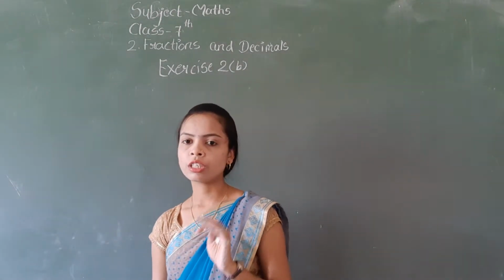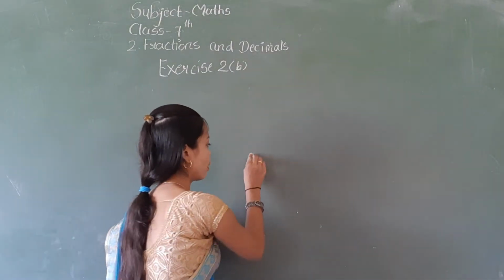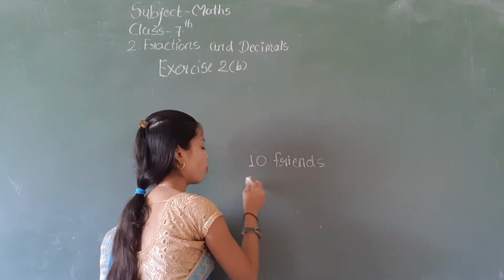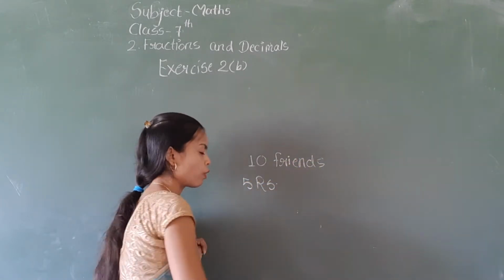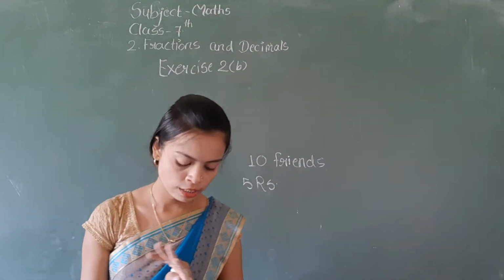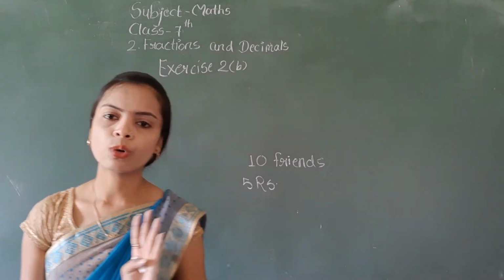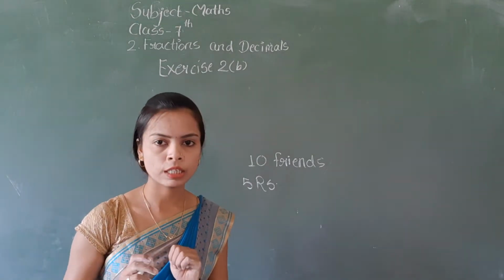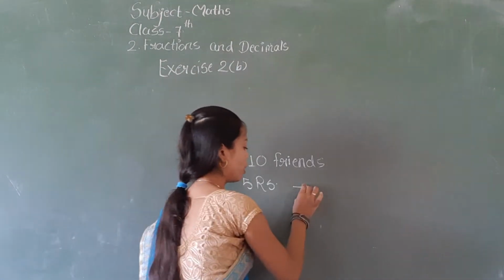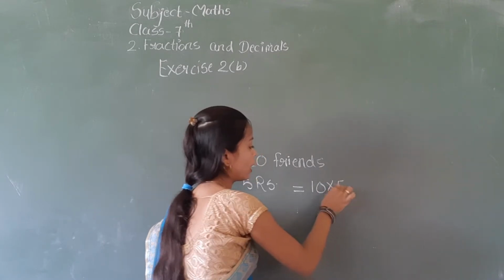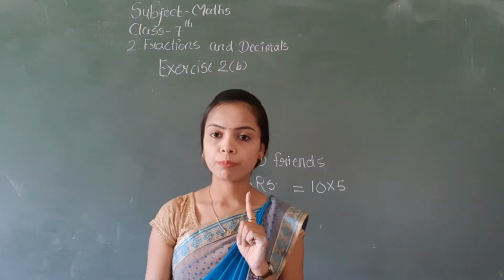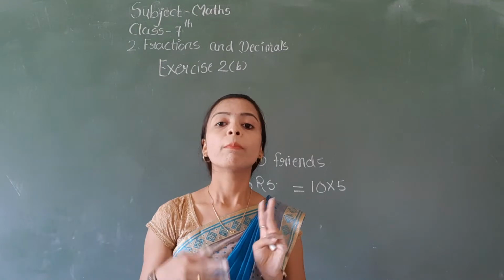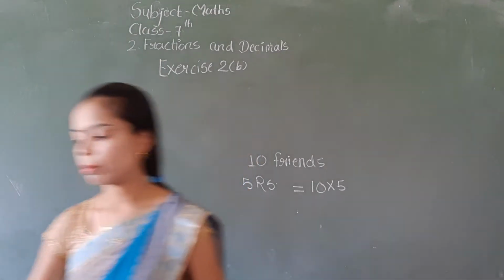Now first of all tell me, if you are 10 friends, and each one of you has 5 rupees, आप सभी के पास 5 rupees है, ठीक है, और आप लोग 10 friends हैं, तो collectively how many rupees you have? We have to find out by multiplying these two terms. If we are given the detail of one quantity and we need to find the detail of multiple quantities, then we have to multiply that term.